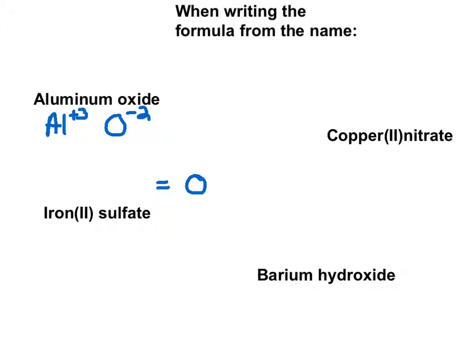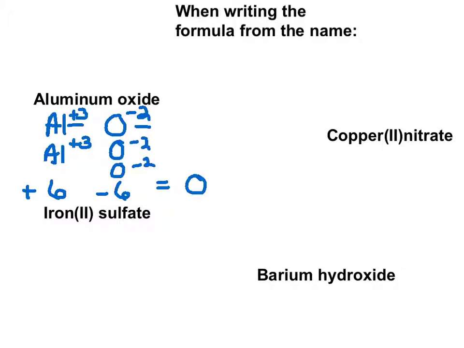Now there's two ways to do this. The long way, which is come up with the least common multiple for both 2 and 3, which would be 6. I want my oxygen to add up to a -6. I want my aluminum to add up to a +6, which means I'm going to need 2 aluminums, and I'm going to need 3 oxygens.